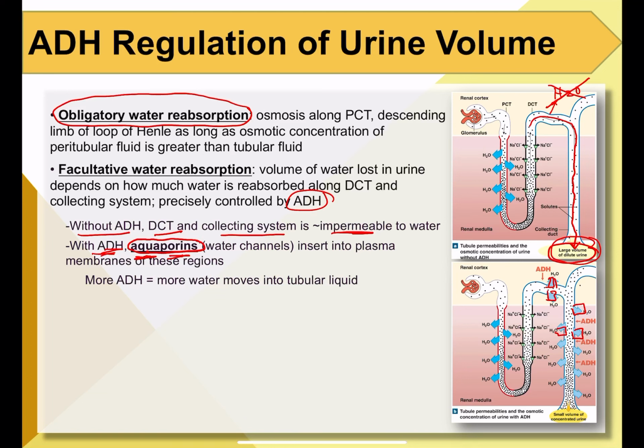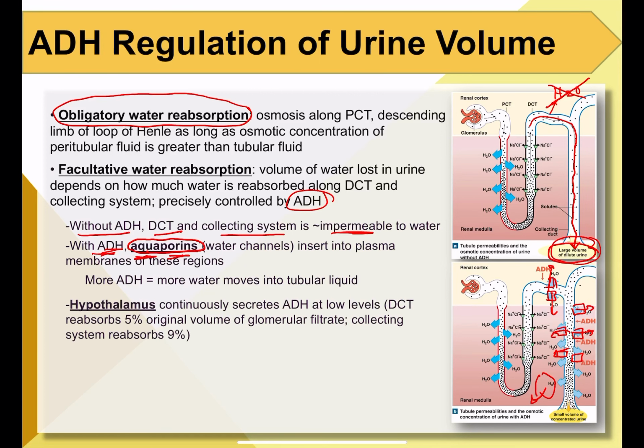With these channels in place, water can flow right out through the DCT or collecting duct. So more ADH means more formation of aquaporin, which allows for more reabsorption of water back into the peritubular space, which then goes into your peritubular capillary.